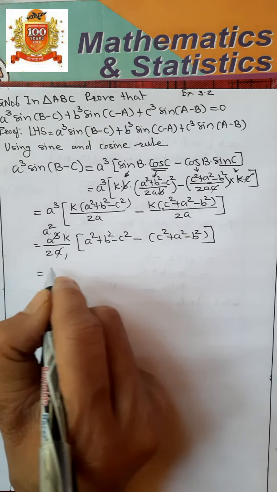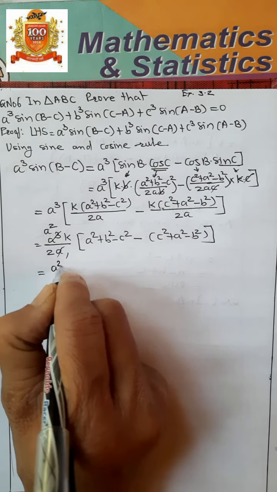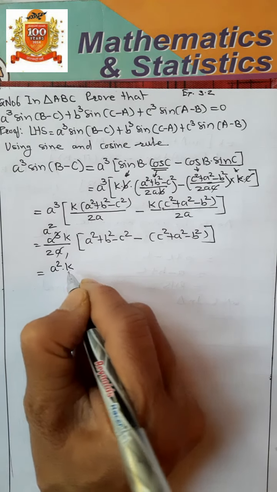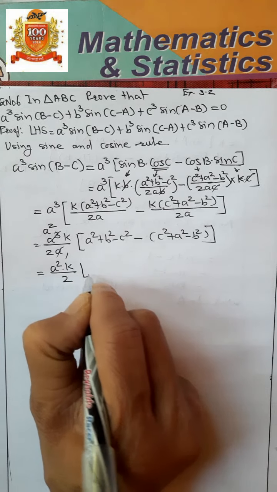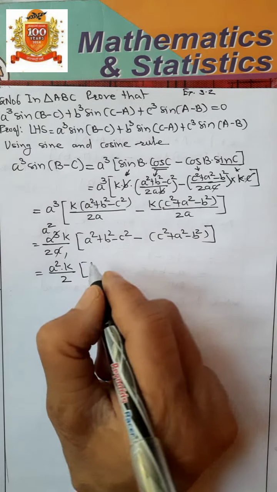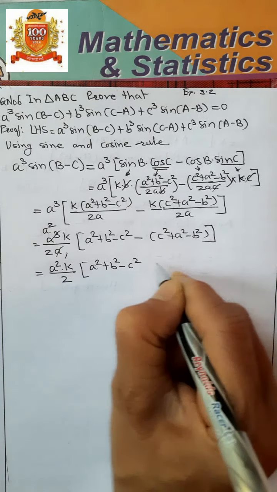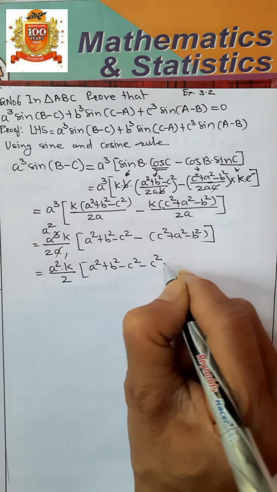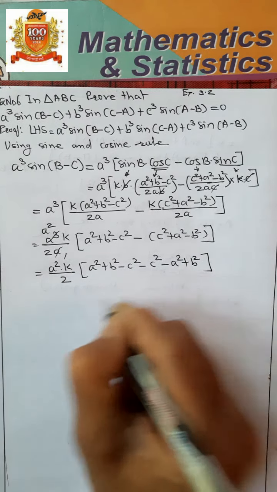So we have a square into k upon 2 into (a square plus b square minus c square minus c square minus a square plus b square).